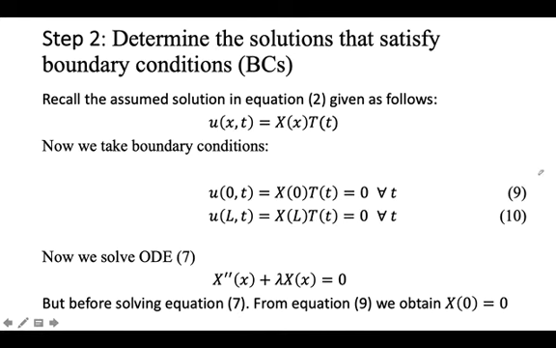How did we get this? Because T(0) goes to the other side, cross multiply, this will be 0, so X(0) is equal to 0. We get this from equation 9.